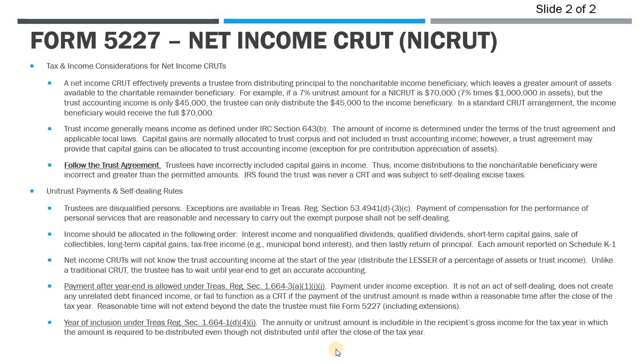The year of inclusion under the regs simply says the annuity or Unitrust amount is includable in the recipient's gross income for the year in which the amount was required to be distributed, even though not distributed until after the close of the year. So that makes it quite straightforward. It's calculated as if it was paid out before the end of the year; you pay it out, and then give the income beneficiary a K-1 that shows they got it before the end of the year.